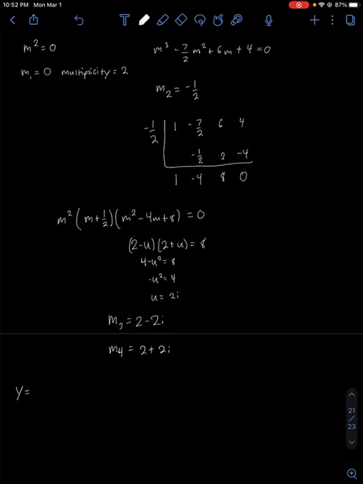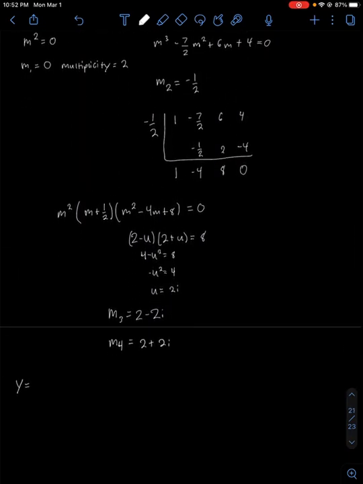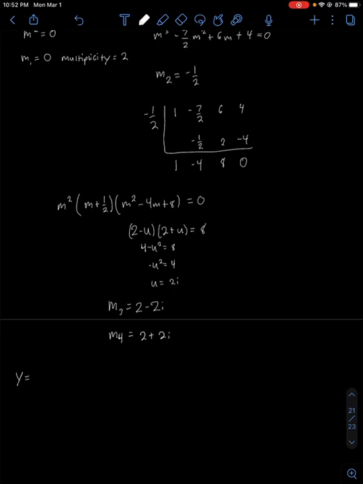Okay, so the general equation then should be y equals c1, which is 0.